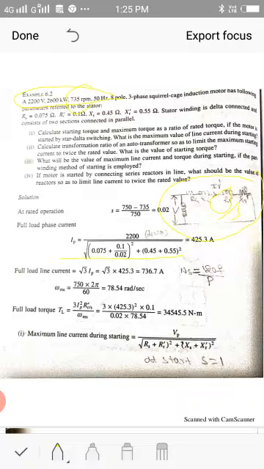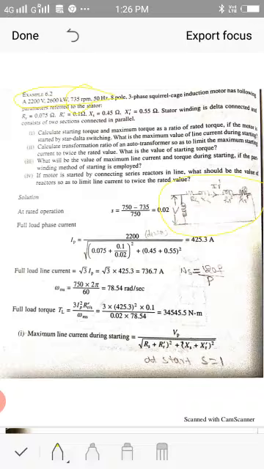Then you get the value of the primary current Ip, which is equal to 425.3 amperes.